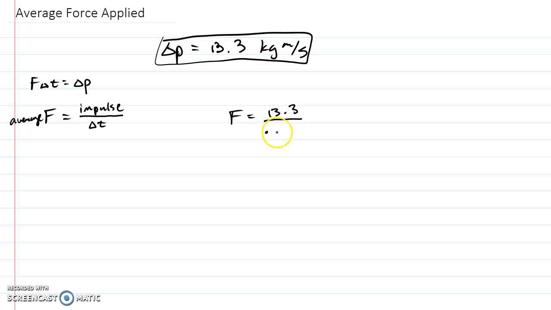Now, we can estimate, because the book says, that the contact time of a bat against a ball is about 0.0001 seconds. So if we divide this out, it's going to be a large number. 13.3 divided by 0.0001. Okay, so we can estimate the average force on that ball was about this.